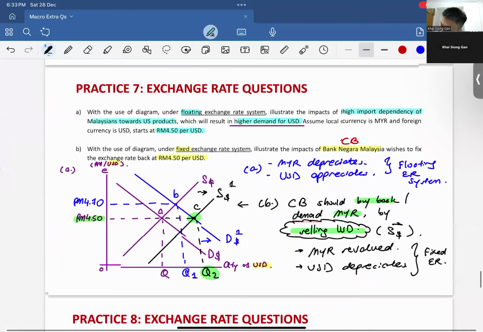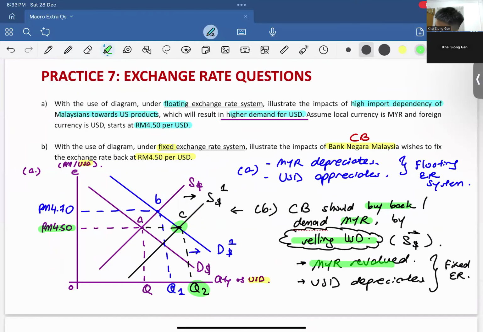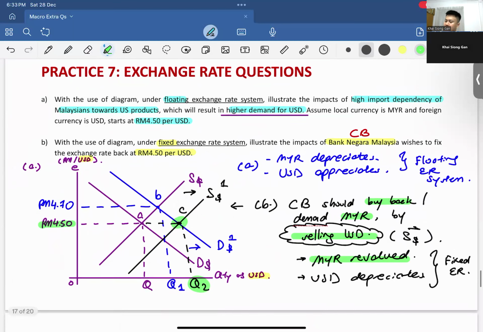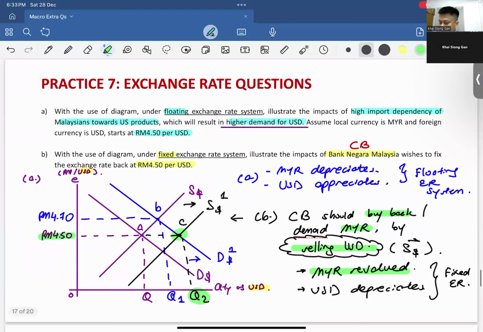So here, Ringgit Malaysia revalues, because the central bank buys back the Ringgit Malaysia by selling US dollars. Usually you will have one question on floating and one on fixed.